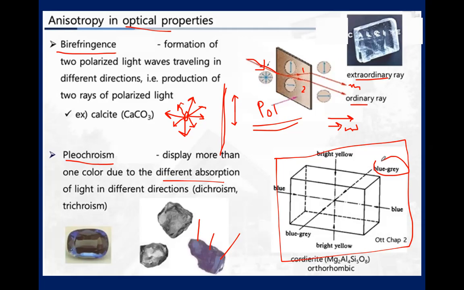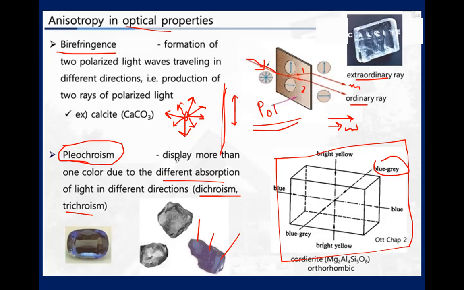So these pleochroism properties are also anisotropic, and sometimes it's called dichroism, trichroism, especially in gemology, right? But for geologists, it's enough that you use the term pleochroism as a general term to indicate the differential absorption of light.